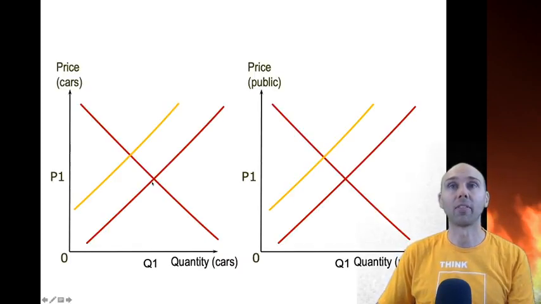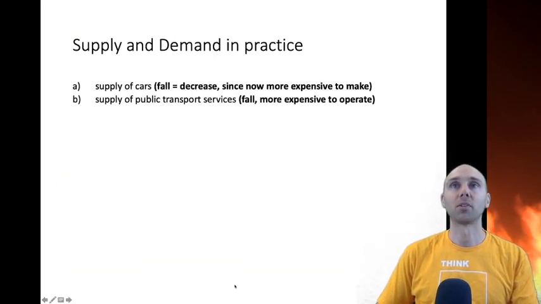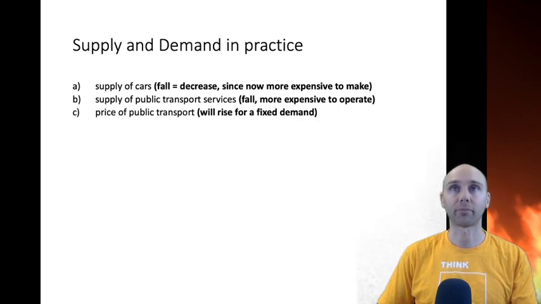And we can see that by looking at how the equilibrium point has changed. So it's now going to be less than the original Q star. And this is going to be the same for both of these markets from our initial analysis. So that also tells us that the supply of public transport services should fall. Sorry, those are the actual supply curves moving to the left.